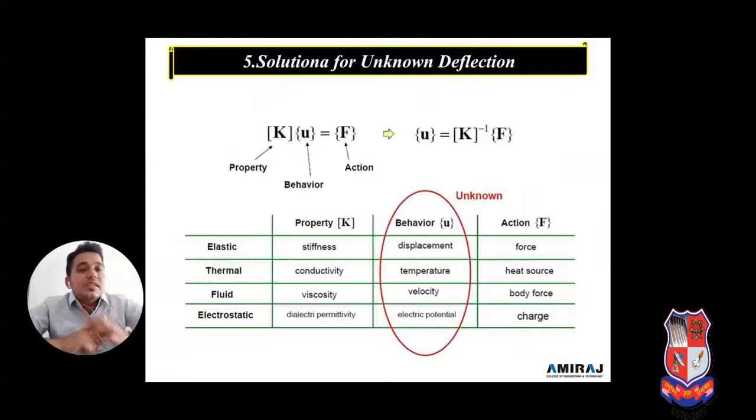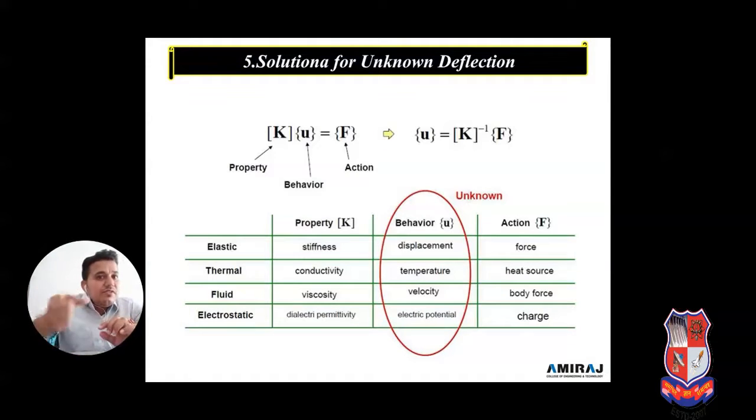Let's see the 5th step, solution for unknown deflection. As we learned, Ku is equal to F, if we want to find out the deflection at each and every place. It is different as per the application. If it is an elastic application, then displacement and force are considered; if thermal, then temperature and heat source; if fluid, then velocity and body force; and for electronics, then electric phenomena.